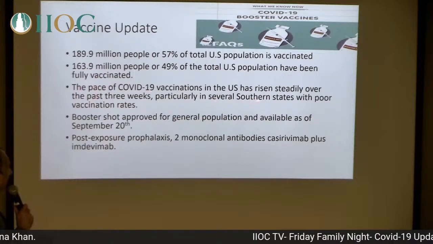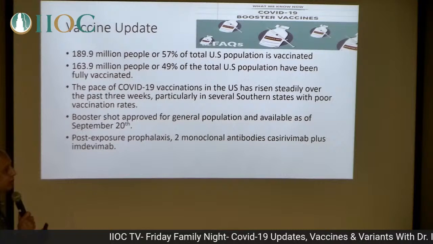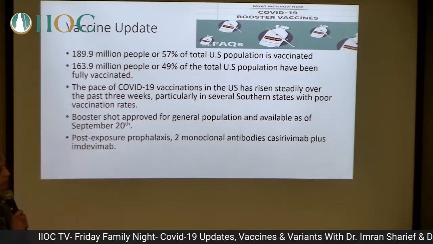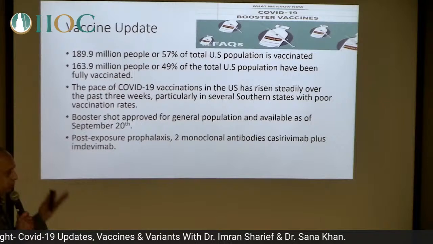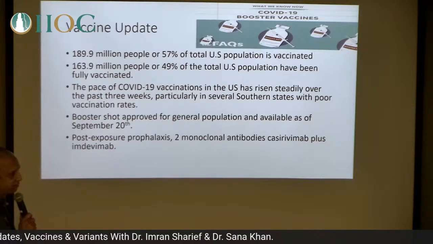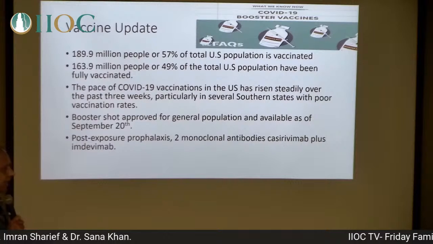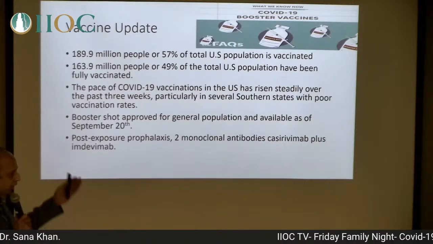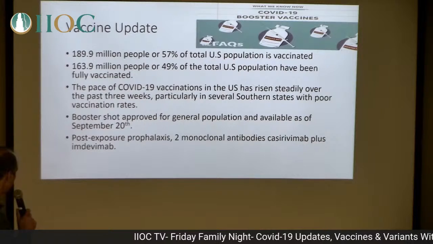The pace of COVID-19 vaccination has steadily risen because of this pandemic of the unvaccinated. Before that, we were pretty slow, and everyone was thinking that they are immune, they're protected, they're not going to get infected, especially the younger generation between the ages of 18 and 35. They think nothing is going to happen to them.